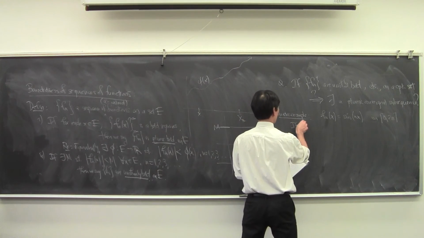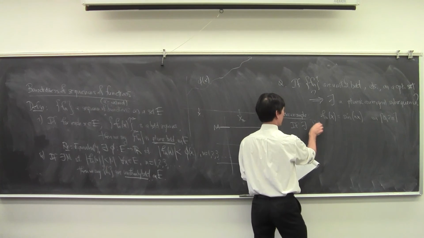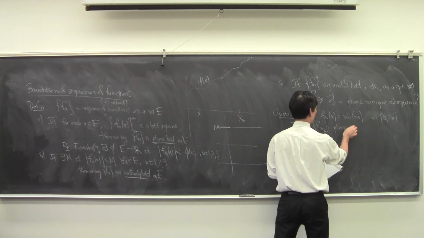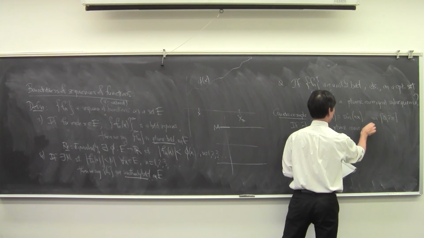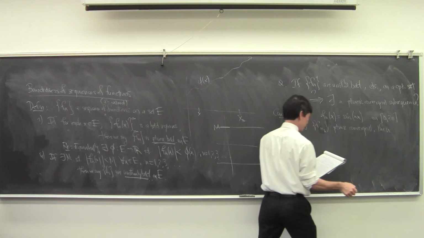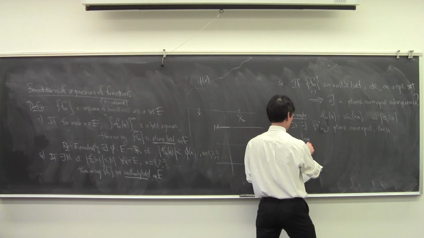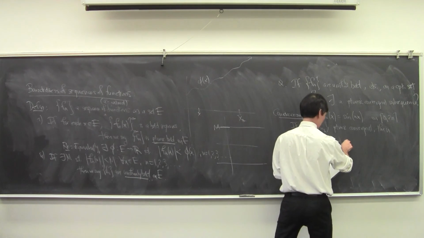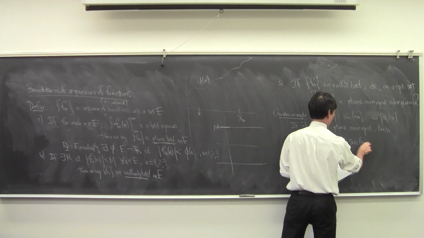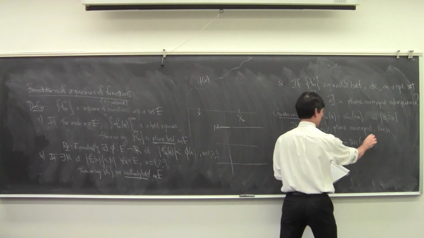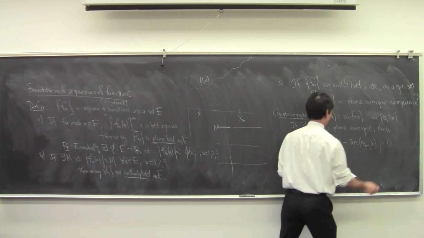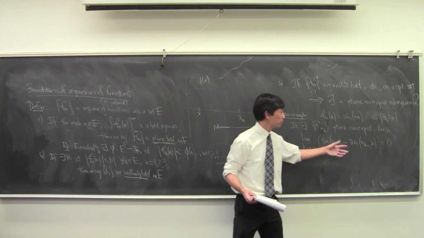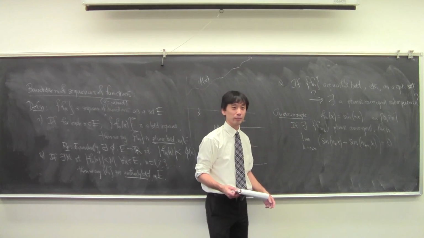If there exists some f_nk that is pointwise convergent, then you would know that the limit as k goes to infinity of sine(n_k x) minus sine(n_{k+1} x) is 0. For each x, you take k going to infinity, then this would be 0. That's what pointwise convergence means.